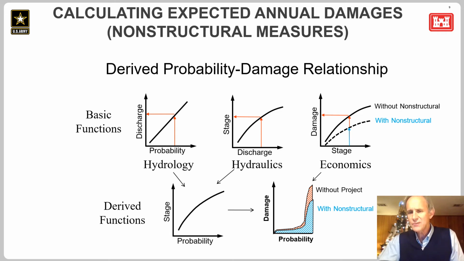And so in red, when we do our damage probability, as you can see in red, this is without project. That will give you a higher damage number than under the with non-structural, where it's lower because there's lower damages at these stages. And when you incorporate that, then you've got higher damages without, lower damages with, and that means you have benefits.